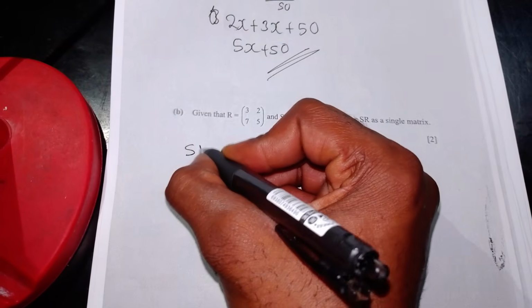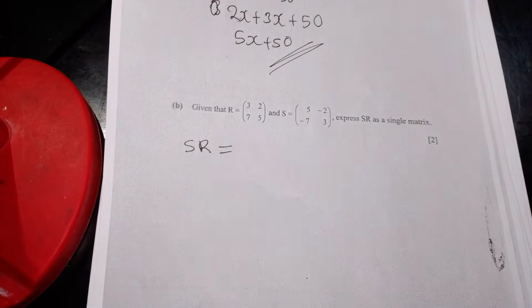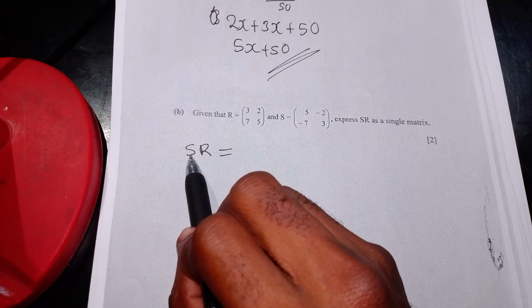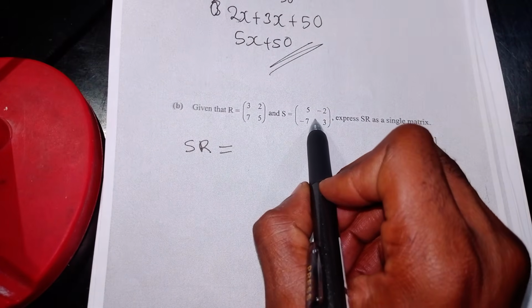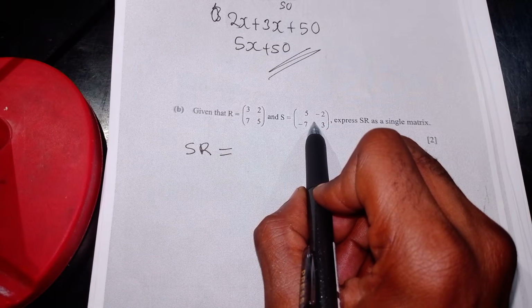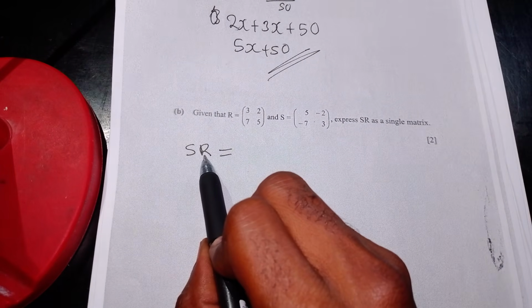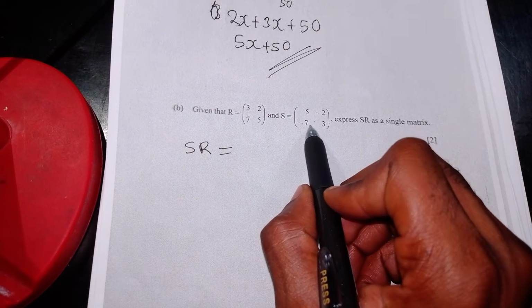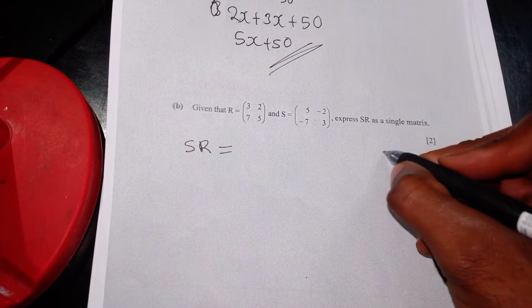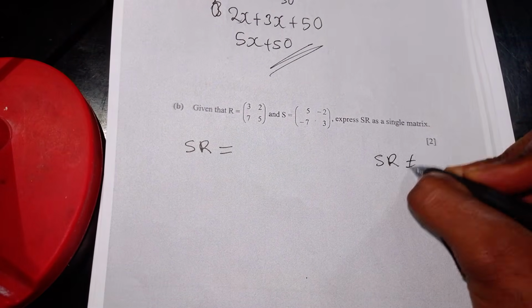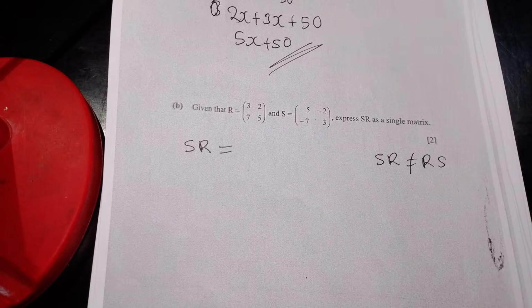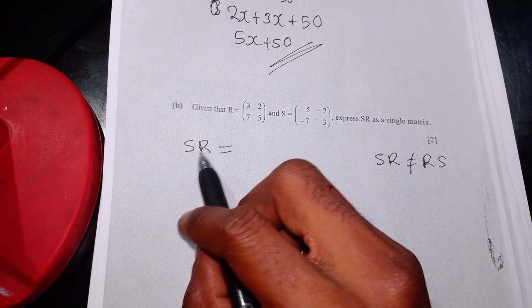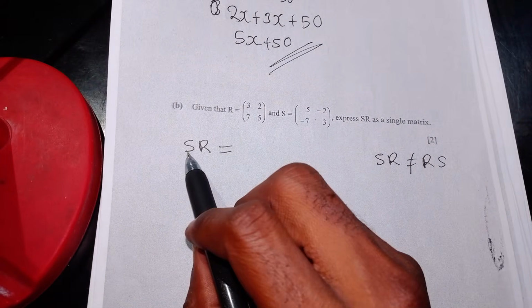So to find SR as a single matrix, start with S. So it's tempting to get R and then multiply it by S, but that's not what they want. They said SR. So that means you're starting with your S. Remember, SR is not the same as RS in matrices. So you have to stick to the order you've been told to use.